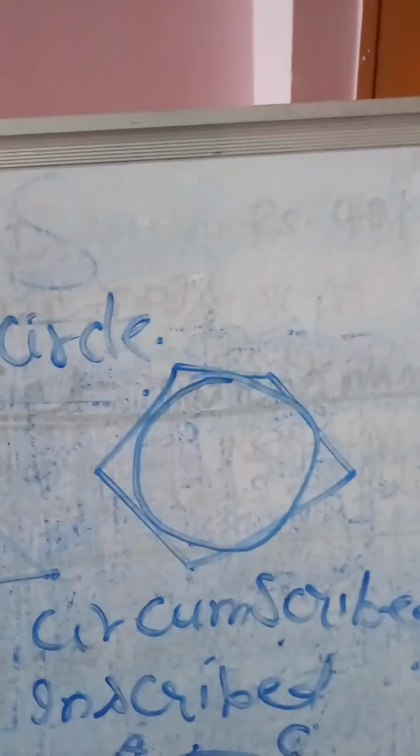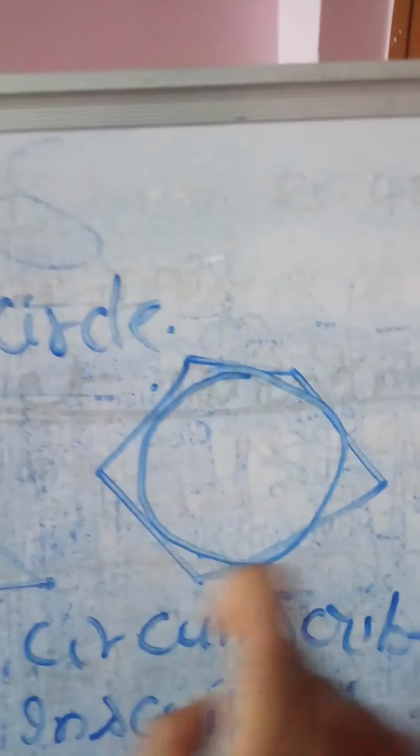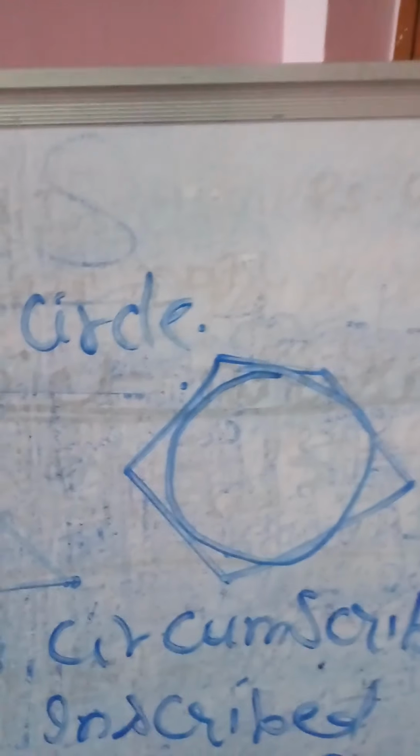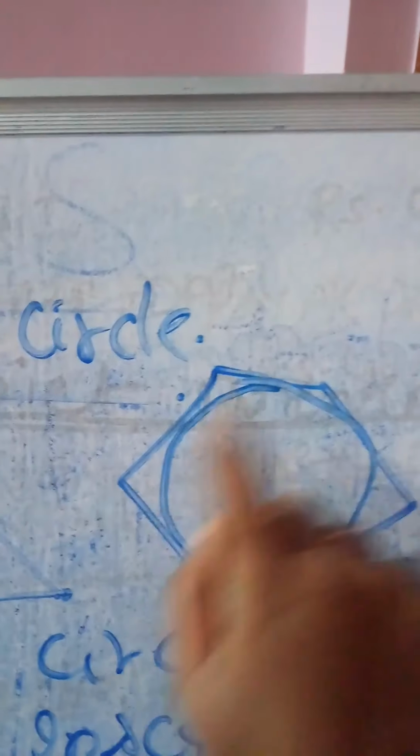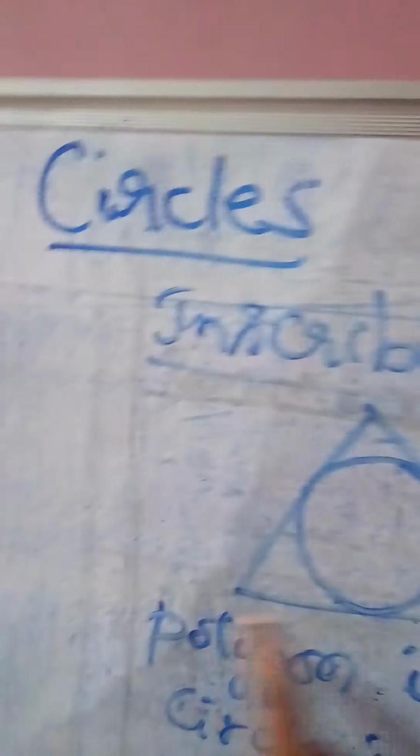In this polygon also we have drawn a circle inside the polygon, and this circle is inscribed. The polygon drawn outside the circle is called circumscribed. Here the polygon is circumscribed, and the circle is inscribed because the circle is drawn inside.